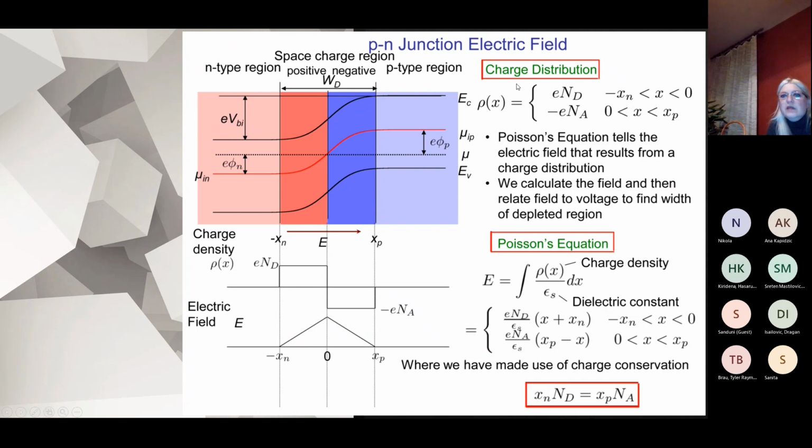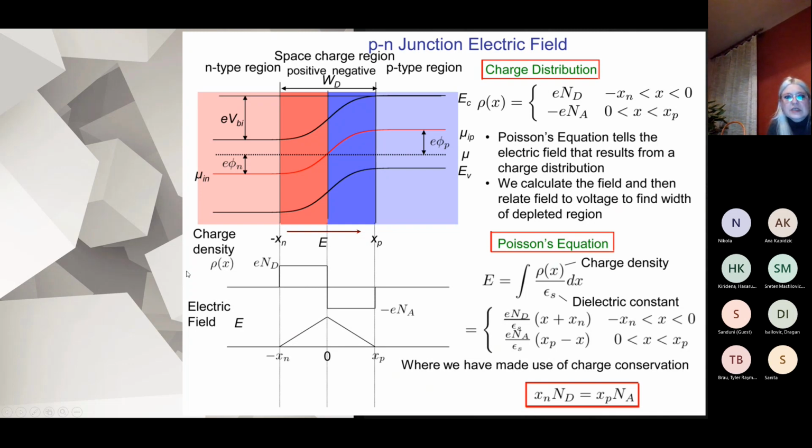So we can define the charge distribution by this condition: for the positive ions, x goes from -xn to 0, and for the negative ions, x goes from 0 to xp.